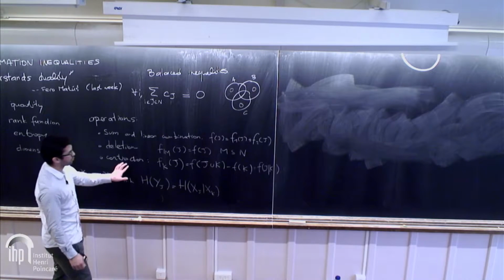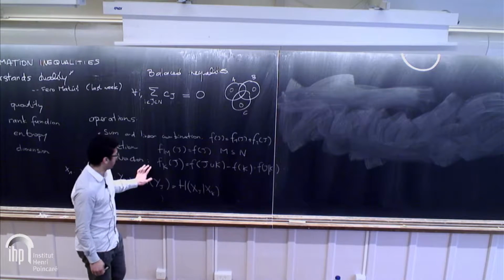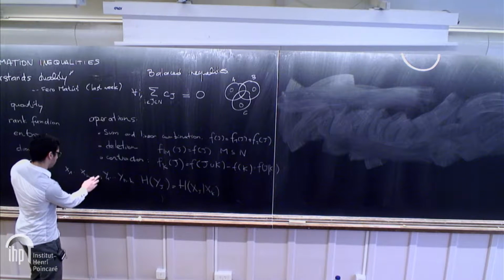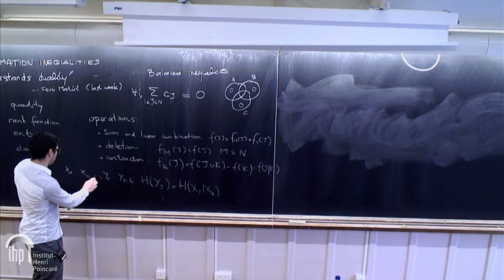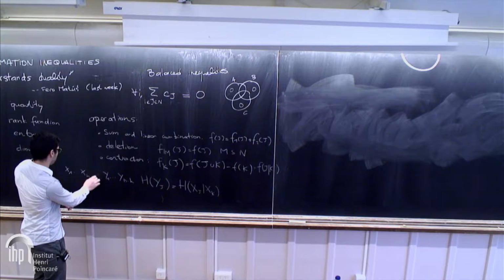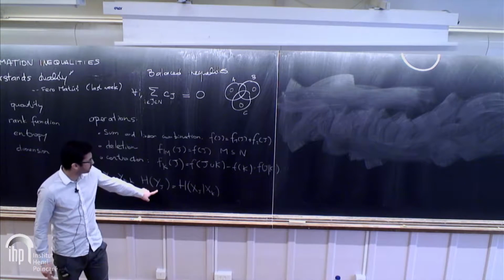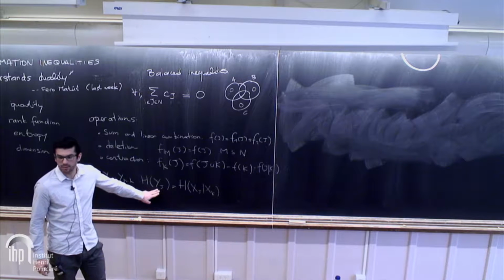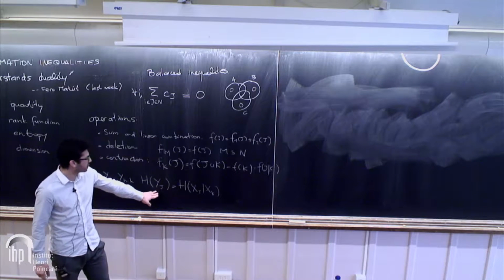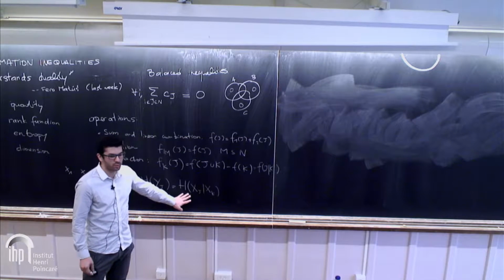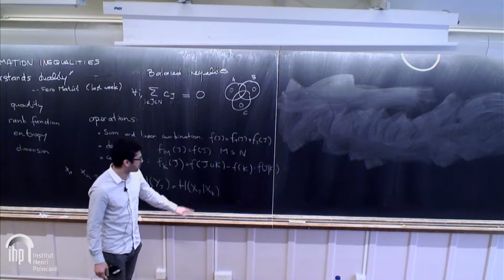So this is the contraction for polymatroids, and I claim that I can find random variables y1 up to yn minus k such that their entropy is exactly, or close to, the entropy of xj given xk.